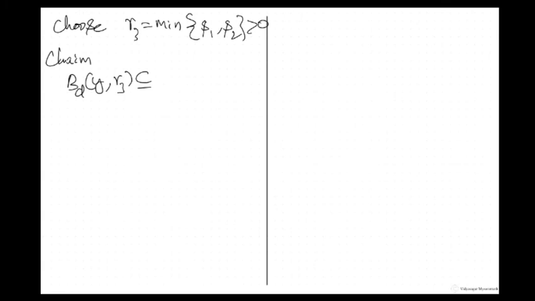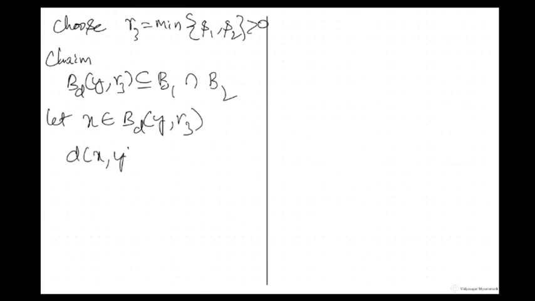But what I need to prove is that this open ball is contained in B1 intersection B2. So let x belong to B_d(y, r3), that is, distance between x and y is less than r3.